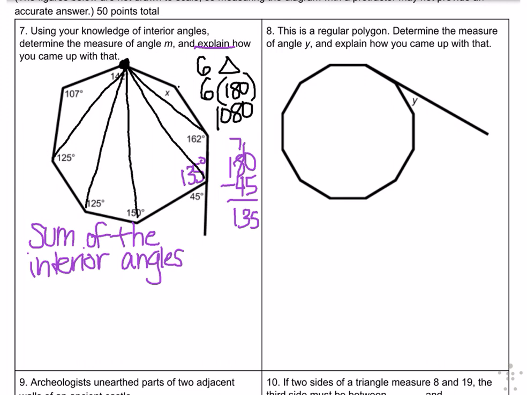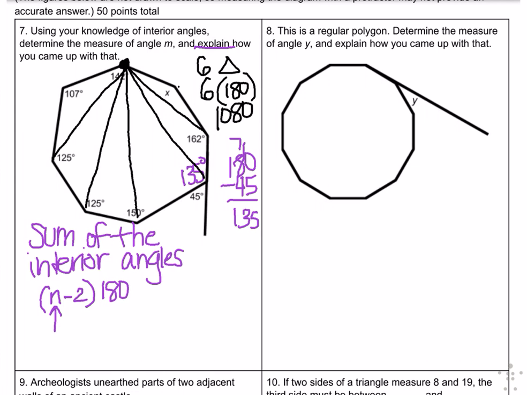Now, I think I told you that there are two ways that you could have solved this. So the first way, or one of the possible ways, was to create all of the triangles that are inside of this polygon. The other way is to use the formula. So the formula is n minus 2 times 180, where n represents the number of sides. Well, how many sides are on this polygon?